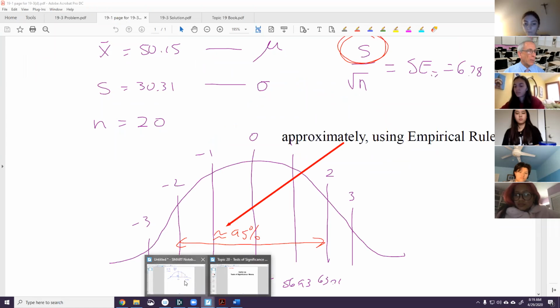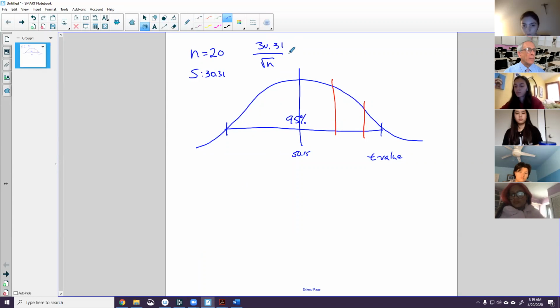So I'm going to come back over here, and I'm going to say our standard error of our mean is 6.78.